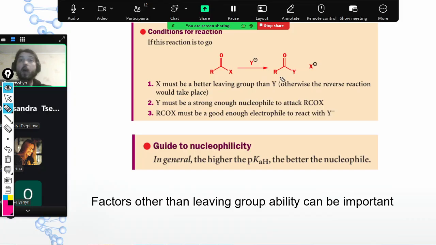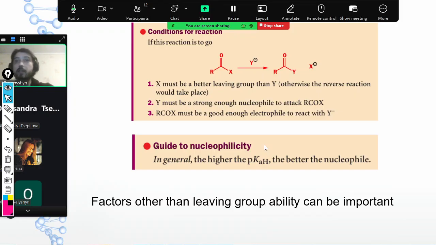Y must be a strong enough nucleophile to attack this carbon atom, so you may have a nucleophile but it's not strong enough, and it should be a good enough electrophile to react with the Y. And of course, in general, the higher the pKa, the better the nucleophile.